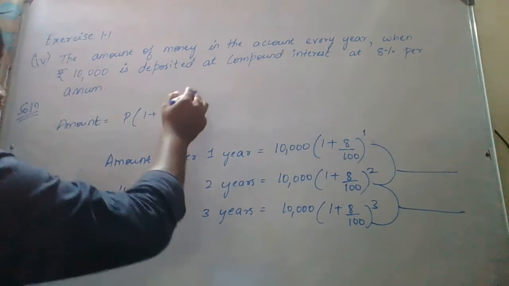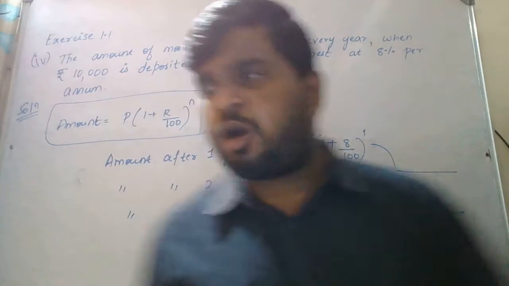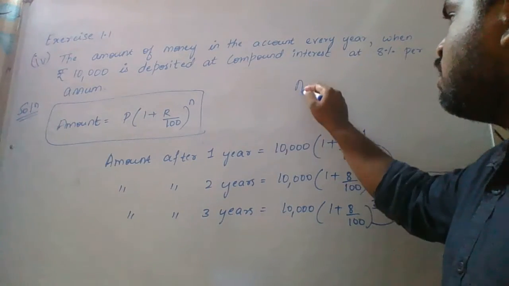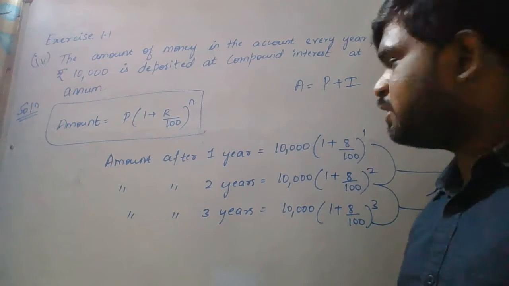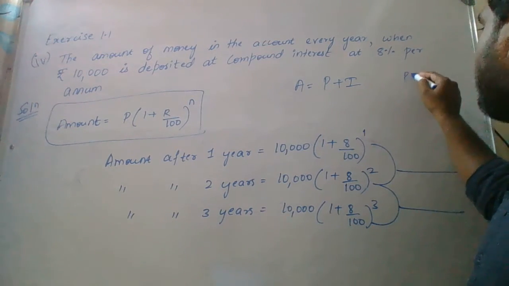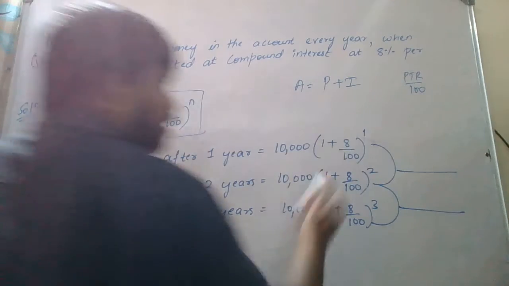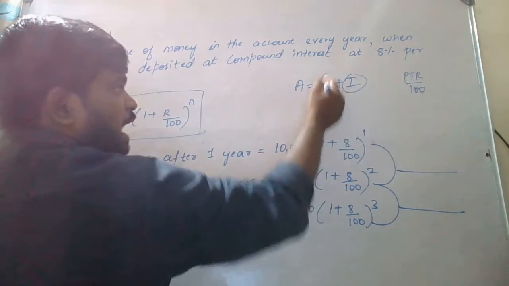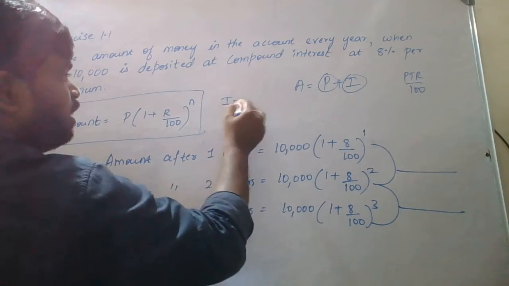This is using the formula which is readily available. If not, how do you usually calculate the amount? You would have learned amount is principal plus interest. So interest is calculated by the formula PTR by 100. Now you calculate the interest and add it to the principal. For the first time, let's calculate the interest.